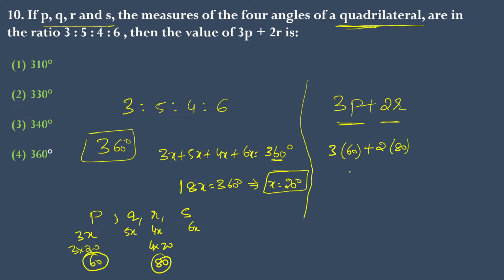Here we get 180, here we get 160. So 180 plus 160 we get 340. So 3P plus 2R is equal to 340. Option 3 is correct. Next question.